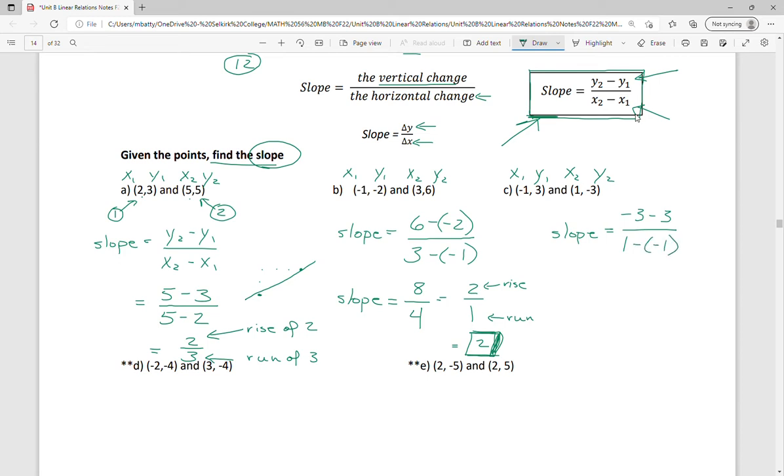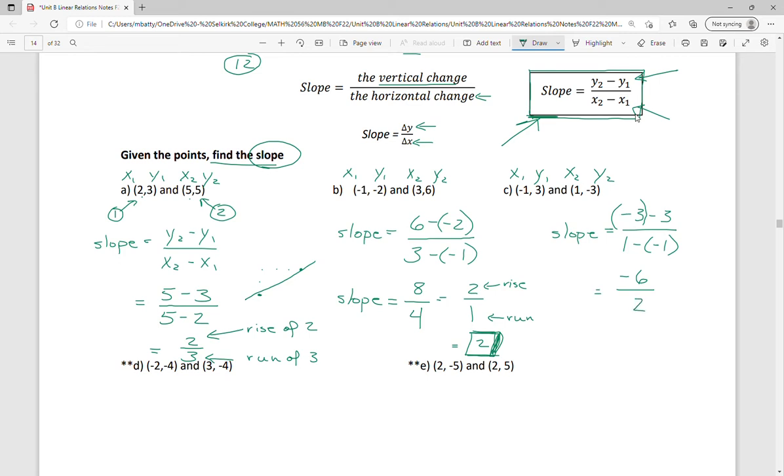And so there you can see I subbed in with brackets. If it makes you happier to put brackets around that negative 3, for sure you can. On the top, we'd have negative 3 minus 3. Use your calculator. Don't do what's easy. Do what it actually says. We get negative 6 over 1 minus minus 1, which is 1 plus 1, or 2.